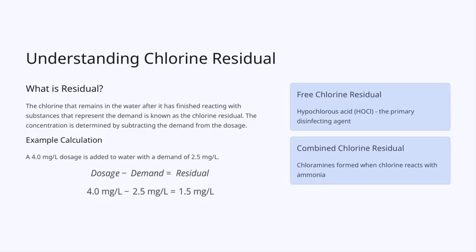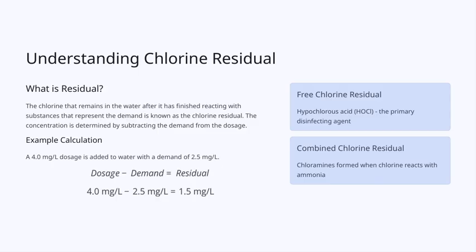Let's take a closer look at understanding chlorine residuals. First, what exactly is residual? Well, it's the chlorine that remains in the water after it has reacted with substances that demand chlorine. In other words, once the chlorine has done its job reacting with contaminants, the leftover amount is called the residual.